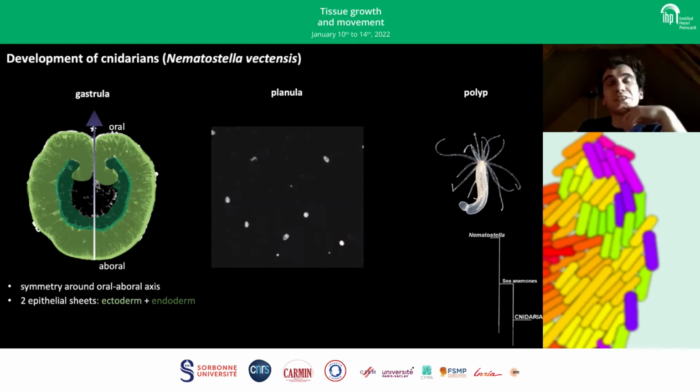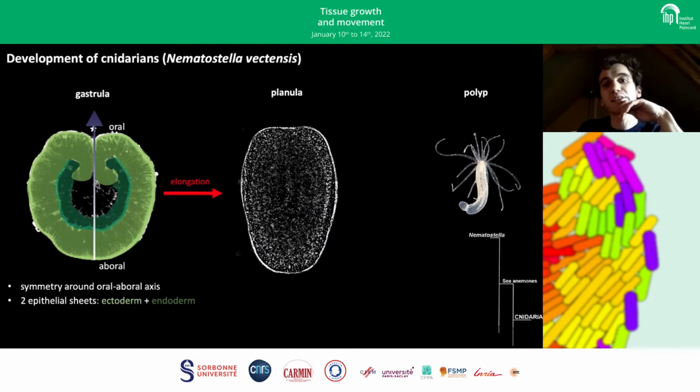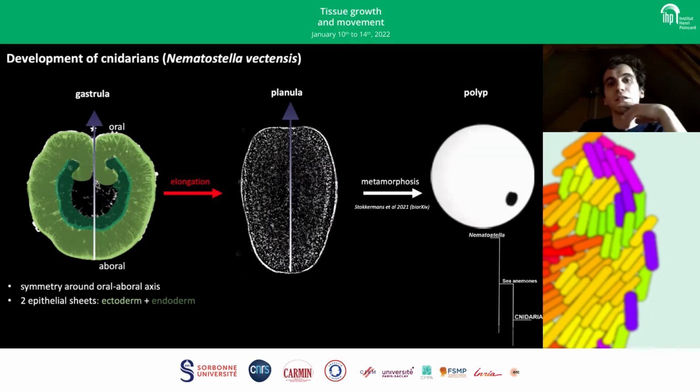Then there is an intermediate stage, the so-called planula larva, which is a swimming form of the animal, as you can see here. These planulae are elongated along the same axis of symmetry, the oral-aboral axis. To complete the story, after this larval stage, the planula will settle and undergo metamorphosis into a polyp.